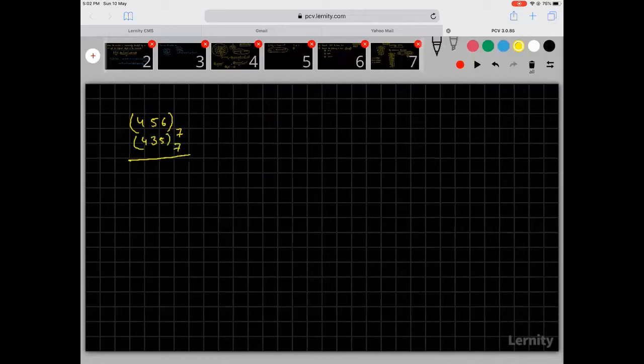You have to add them. So add the following numbers to the base 7: 456 and 435.